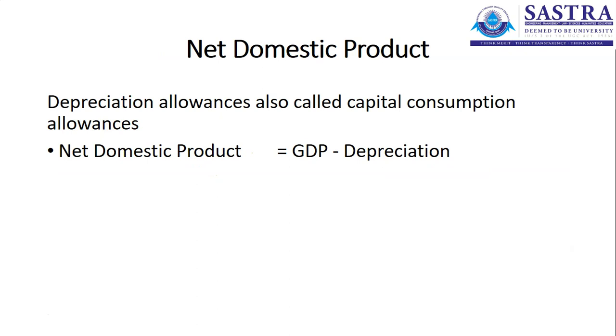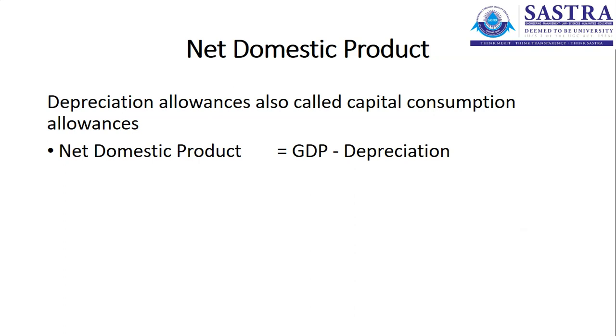And for the net domestic product and net national product, we need to know how the concept is derived. We can take one particular value here, where we use capital goods for manufacturing or producing goods and services.